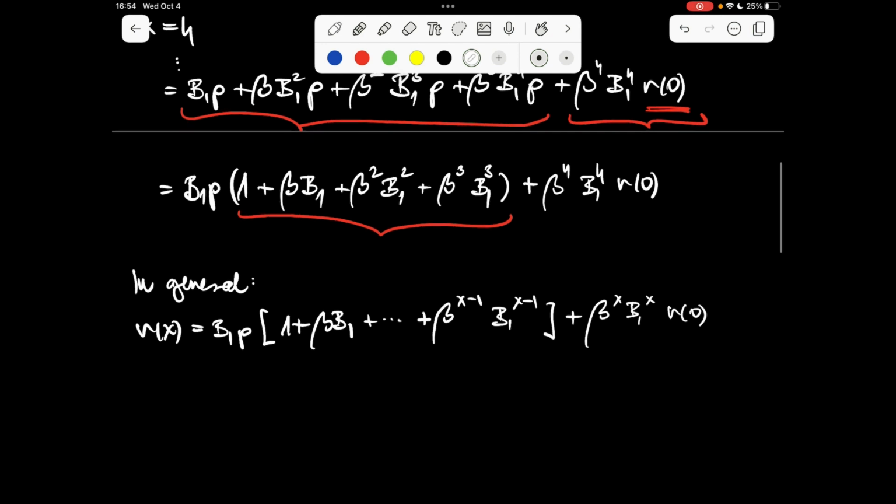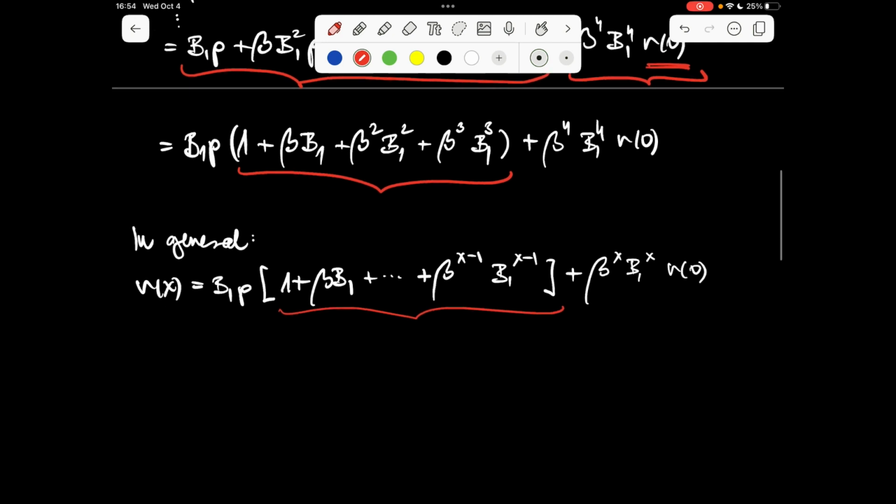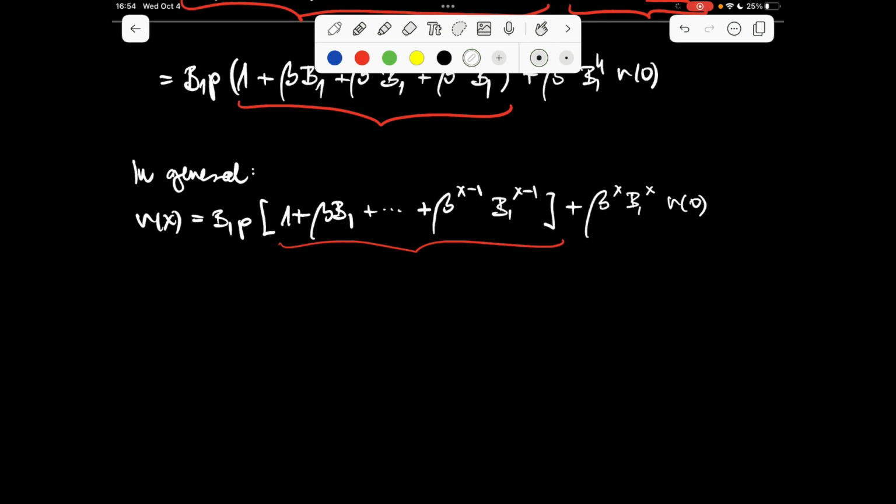Yes, this is still a finite geometric series, so we can squeeze it further.